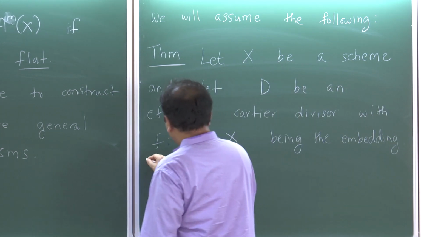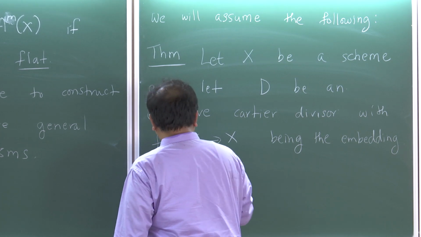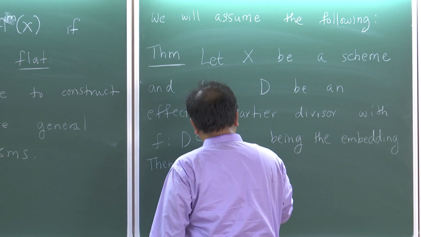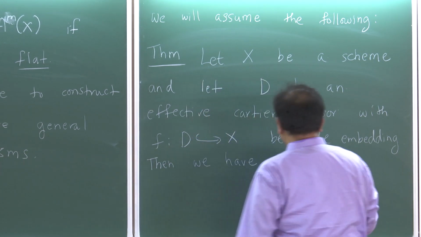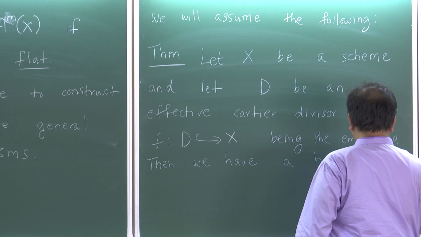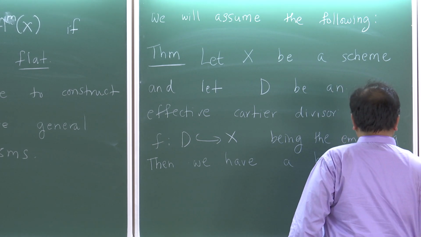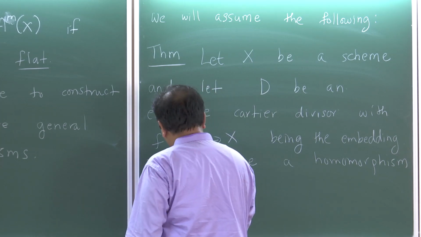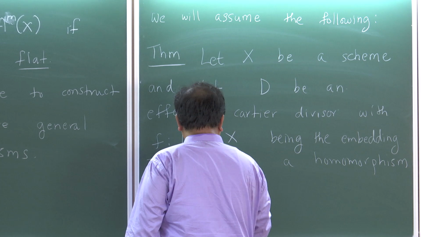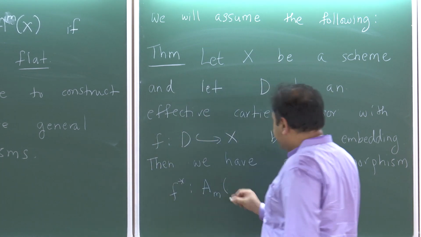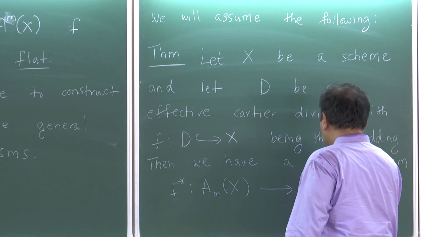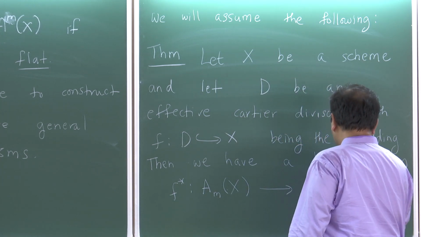Then we have a homomorphism f upper star from A_m of X to A_{m-1} of D.